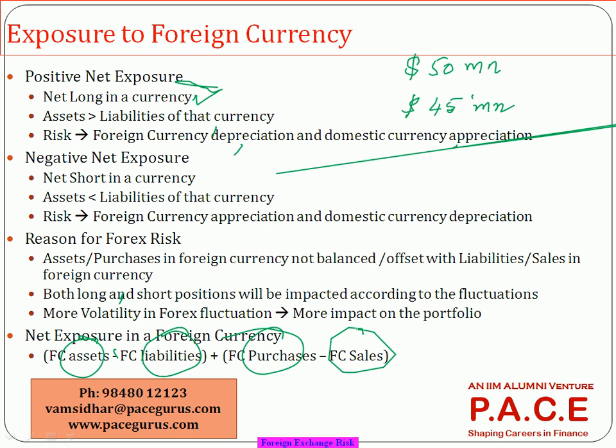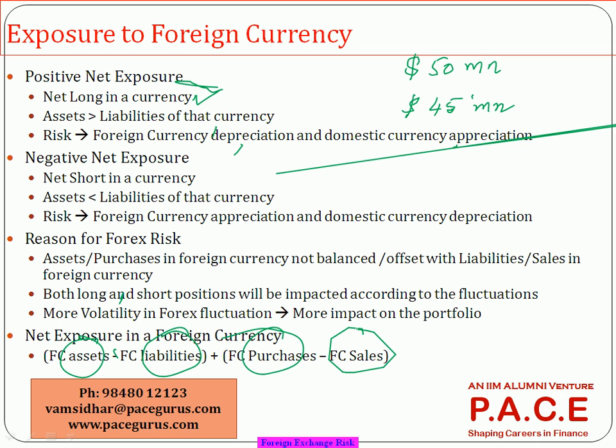What I am holding, what I have borrowed in foreign currency, that is more in line with your capital account. Whereas the others, purchases and sales, which is like imports and exports. If I am looking at it from one single company's standpoint, even that is an exposure to your foreign currency. If these two are not balanced properly, you are having a potential exposure in a foreign currency, right?